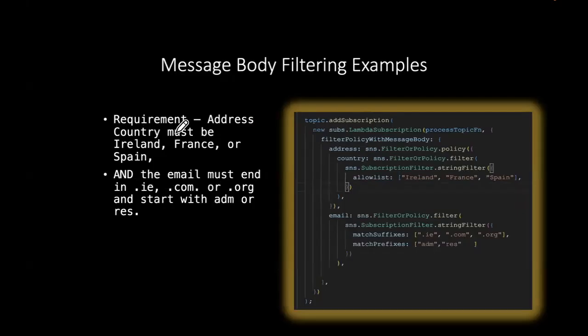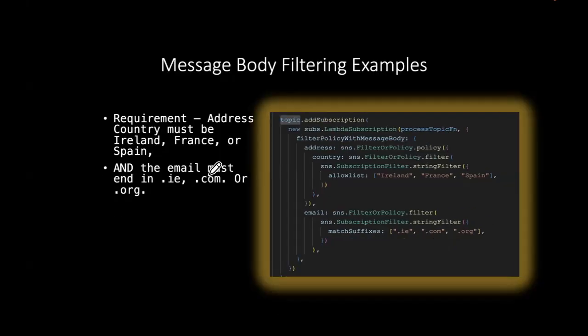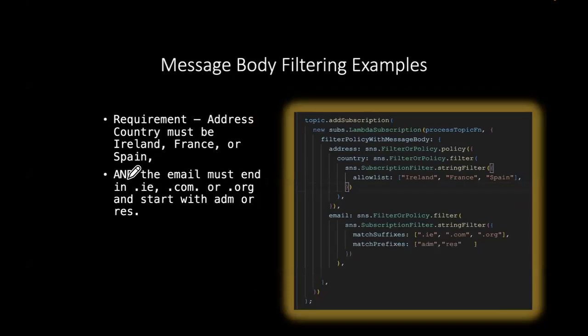Another example, again, we're saying the country must be Ireland, France, or Spain, and the email must end in .ie, .com or .org, and it must start with ADM or RES.